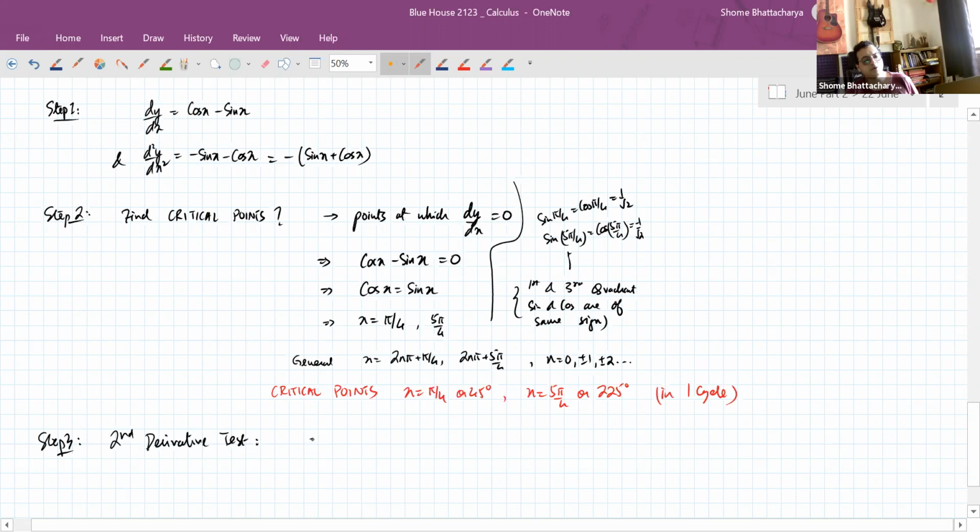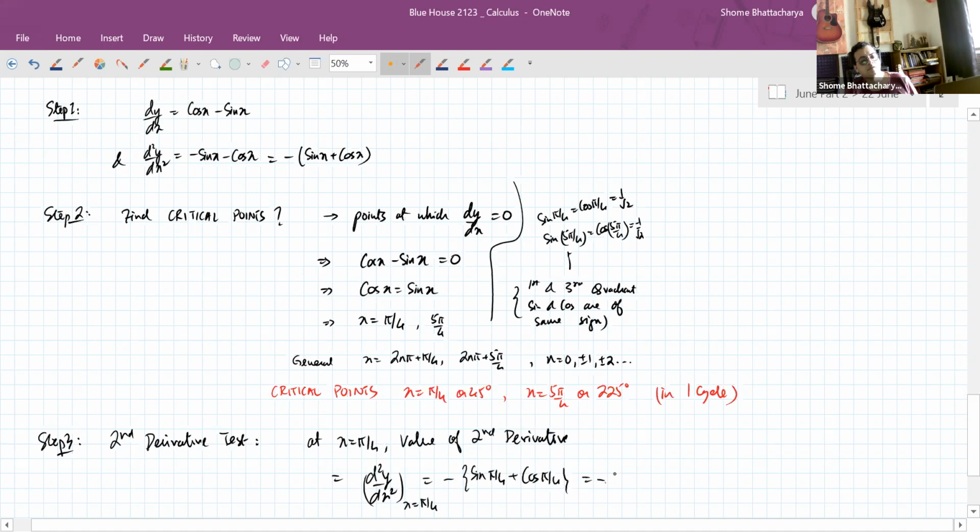So at each of the critical points, let's start with pi by 4, the value of second derivative, that is d2y by dx square at x equal to pi by 4. So that is minus of sine pi by 4 plus cos pi by 4.